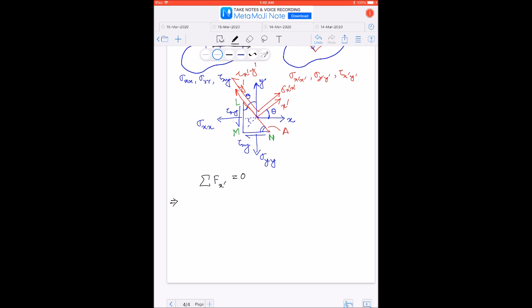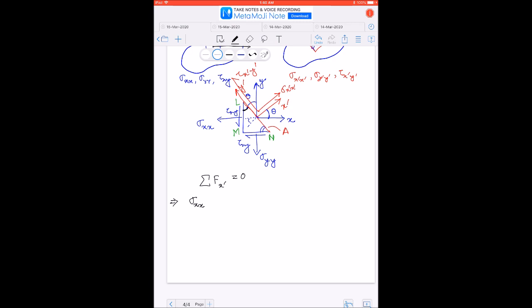So first of all, considering the edge LM, we write sigma xx first of all. The area of the face LM would be A cos theta, because we see here that this angle is theta, this is A, so LM would be A cos theta.